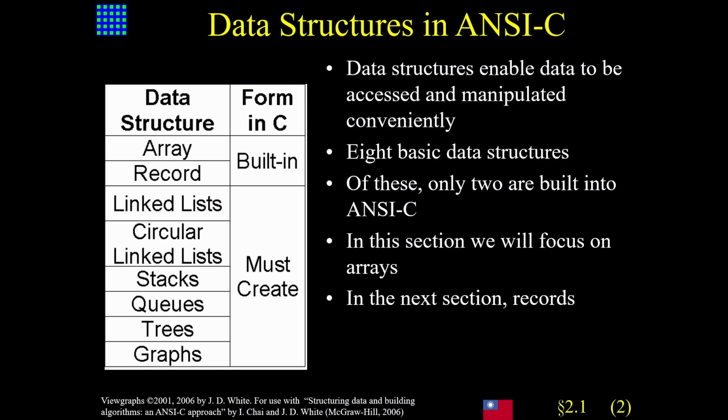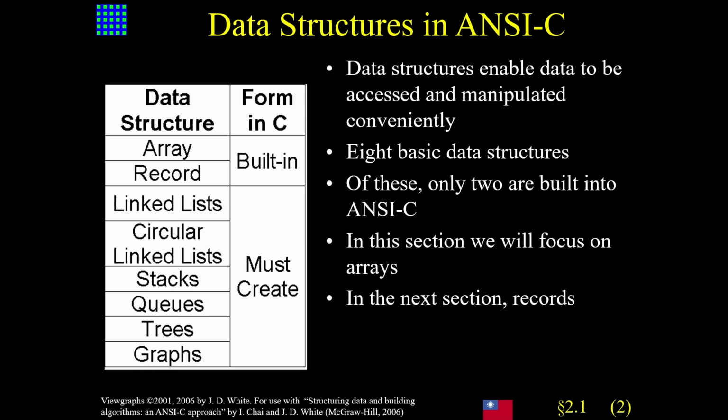In general computer programming, we talk about arrays, records, linked lists, circular linked lists, stacks, queues, trees, and graphs, all different ways we can structure data in languages. So within C, only arrays and records are built in. Everything else we have to build for ourselves.